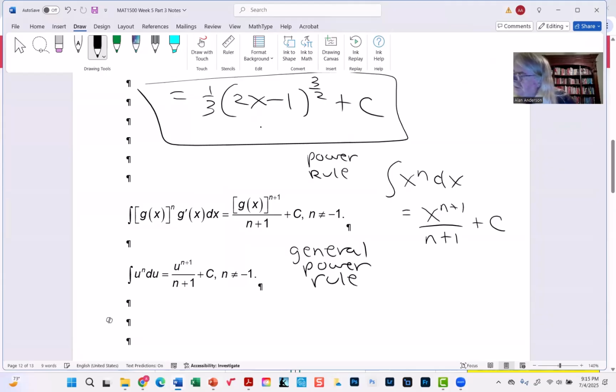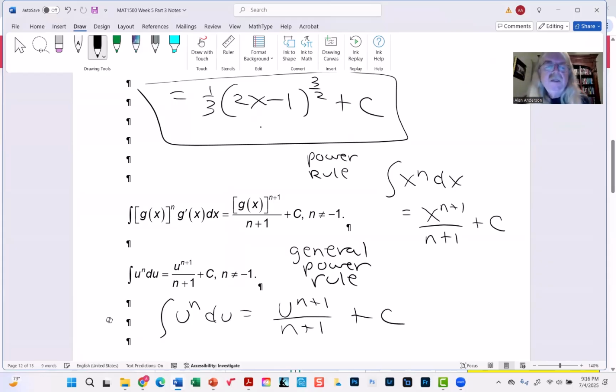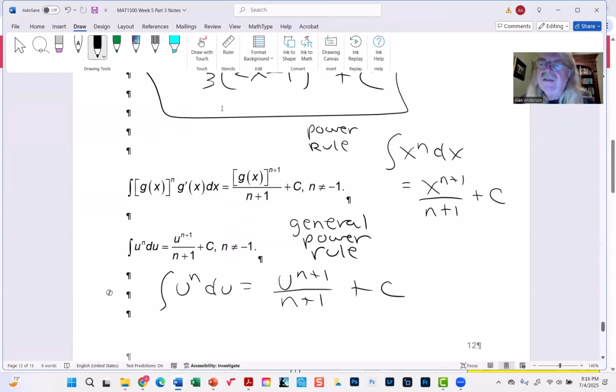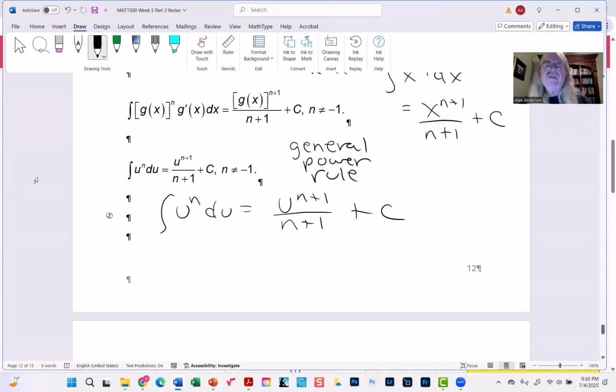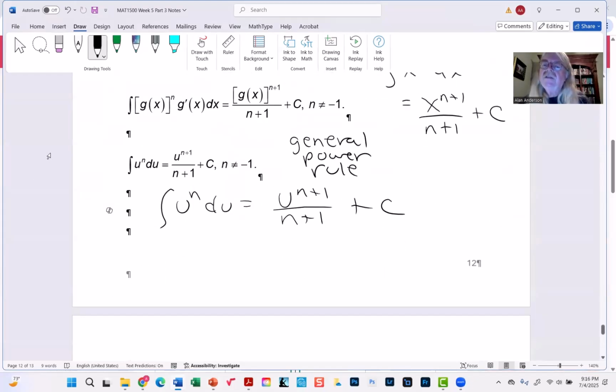And so you can see what's happening here is u is not just x, it's a function of x. It could be literally any function of x. It looks like the same thing, but it's important to recognize that u is not just x itself, but a function of x.